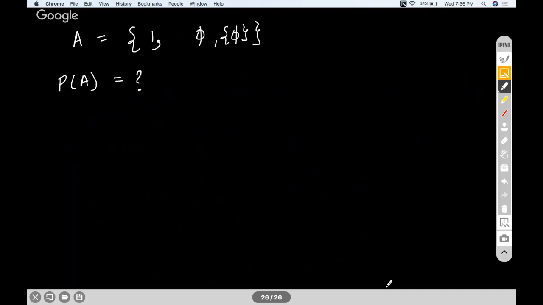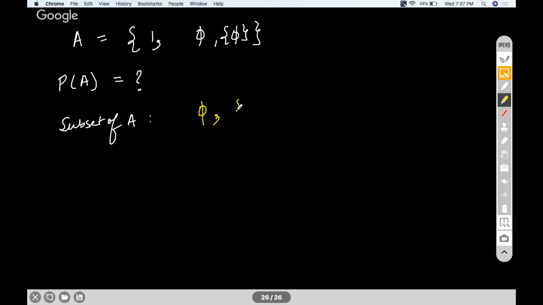Done? Okay. Let's quickly look into this. So first write down all subsets of A. By default you have a null set, correct?